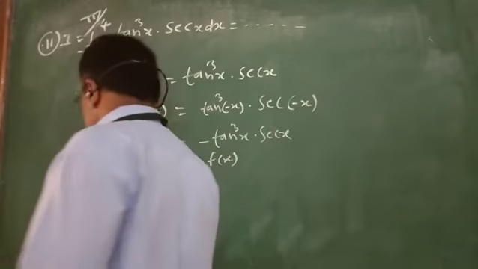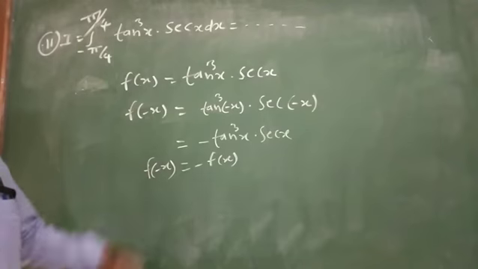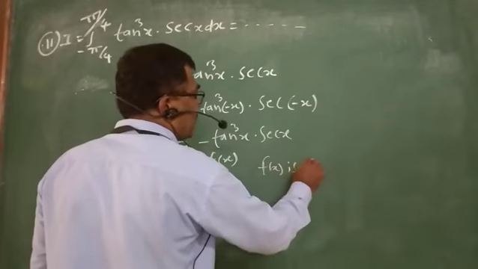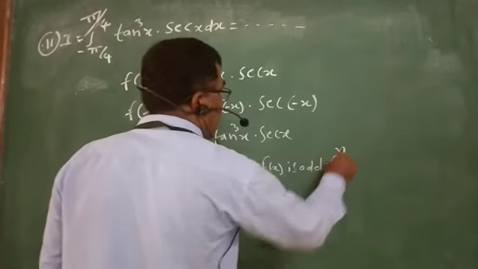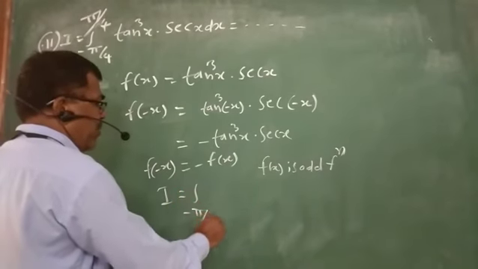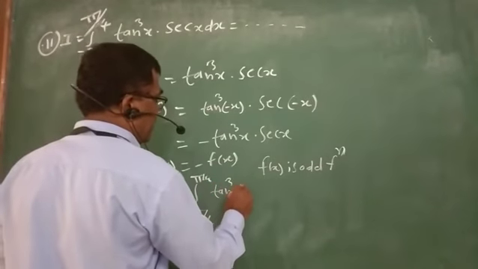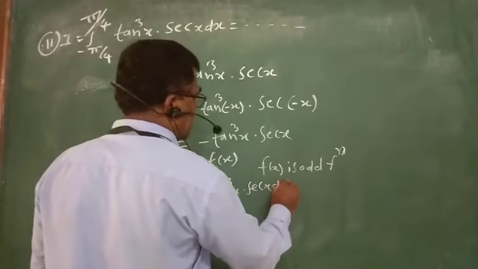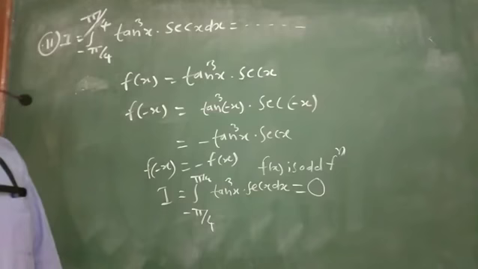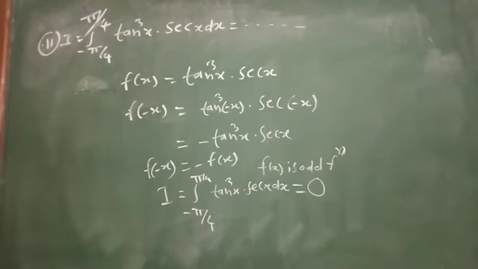We know by definition, if f of minus x equal to minus f of x, then f of x is an odd function, and integration of minus pi by 4 to plus pi by 4 tan cube x into sec x dx equal to 0 if f of x is an odd function by using property.